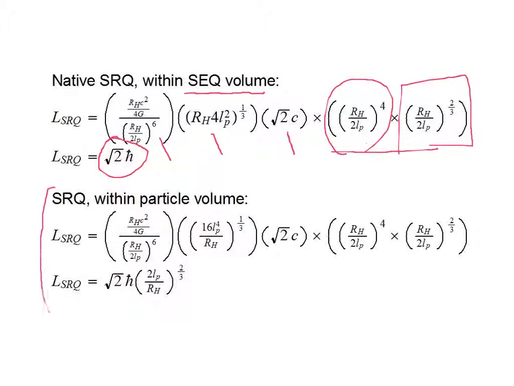And down here the section shows the same sequence, but instead of the small energy quantum radius, we've shrunk it down further to the particle radius, and we see a decrease of the angular momentum, the square root of 2 times h bar times 2LP over R sub h to the 2/3 power. This is the same decrease we had with the SEQ.